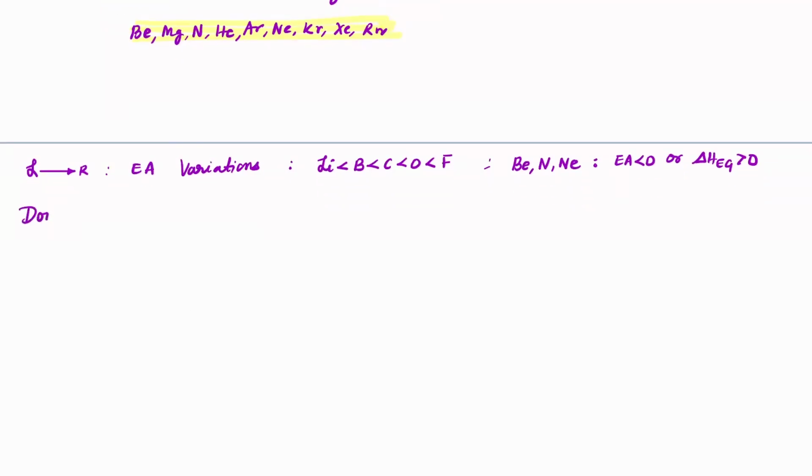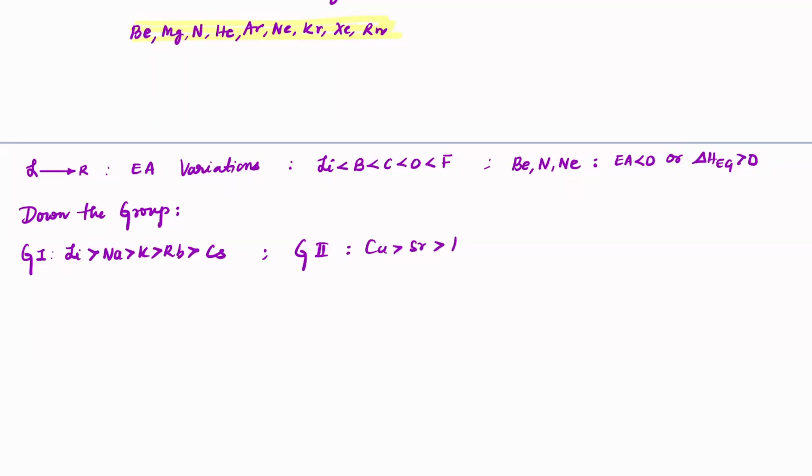If you go down the group now, check out down the group. In the case of going down the group, first group 1, we have no variation. Lithium is greater than sodium, potassium, rubidium, cesium. And group 2, we have calcium, strontium, barium, radium, magnesium, and beryllium. Got it?